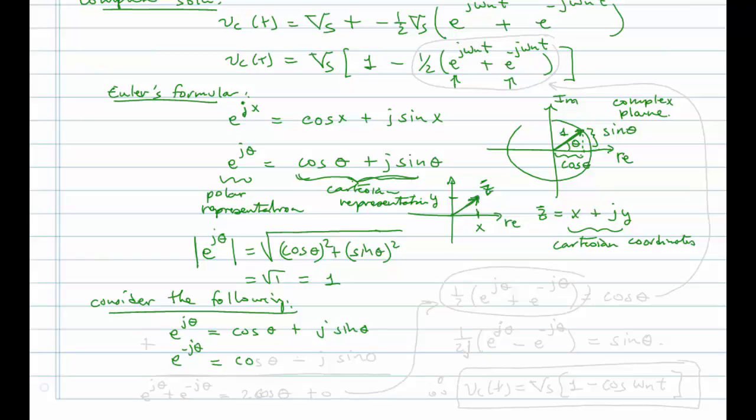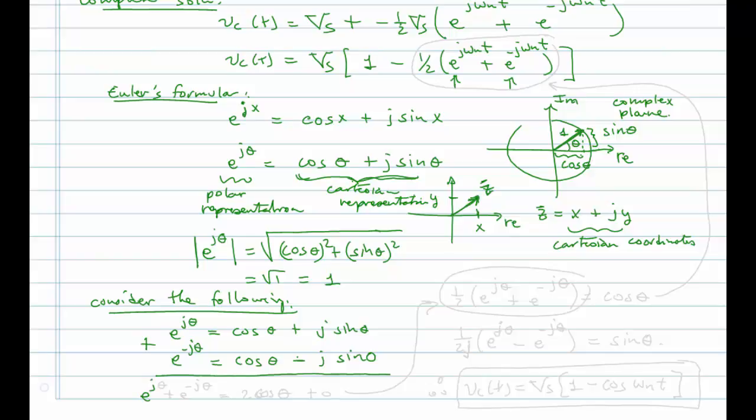What would that be? Well, it would be cosine of minus theta, but cosine is an even function, so cosine of minus theta is the same thing as cosine of theta. And then it would be plus j sine of minus theta. Sine is an odd function, so the negative sign comes out, turning our plus out here to a minus. Now what if I added these together?